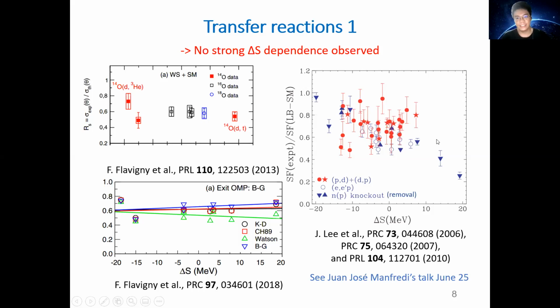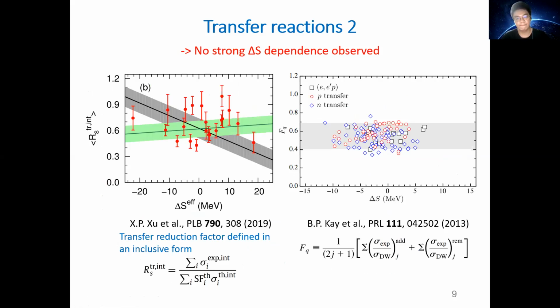I think that later this week, Juan Manfredi will also present the latest study of the MSU group, and based on his abstract, I think the conclusion still remains the same: even with high nuclear energies, there is still no strong delta S dependence observed.